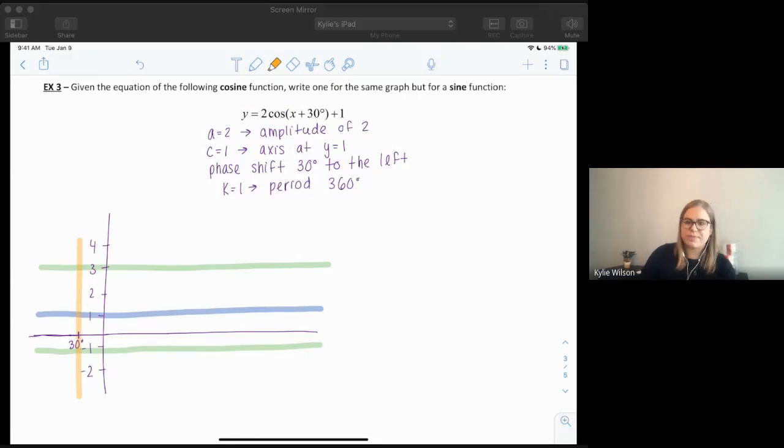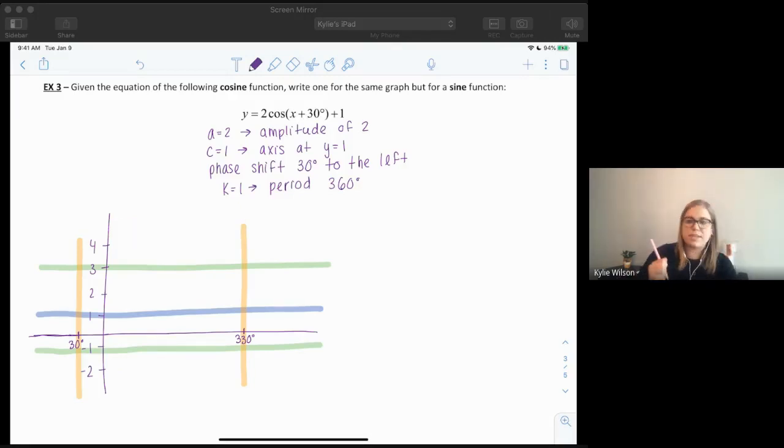So it usually ends at 360, but I've moved it 30 degrees to the left. So I will be ending at 330 degrees. That way, my period here is 360 degrees. That's what I want.